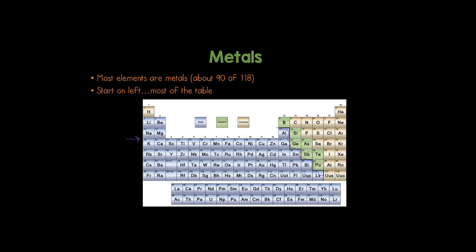Okay. Be sure to color in the metals on your periodic table and color in the little color key. One thing I want you to notice is that the only thing on the left side of the periodic table that is not metal is hydrogen, which is over here in the top left. Hydrogen is a nonmetal, which is our next group of elements.